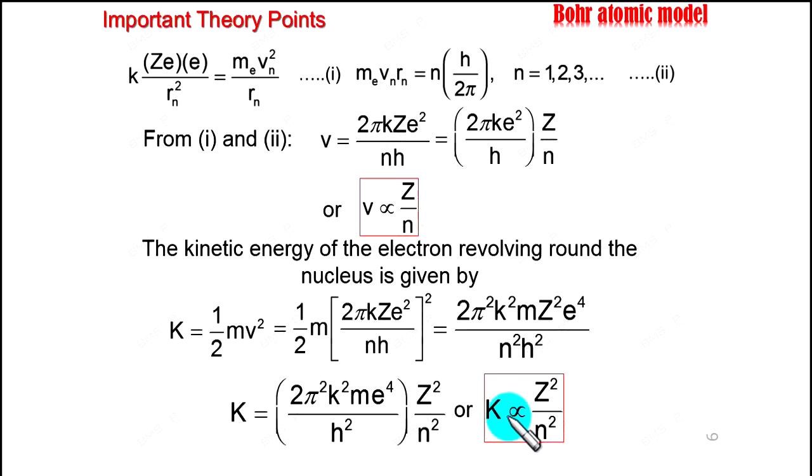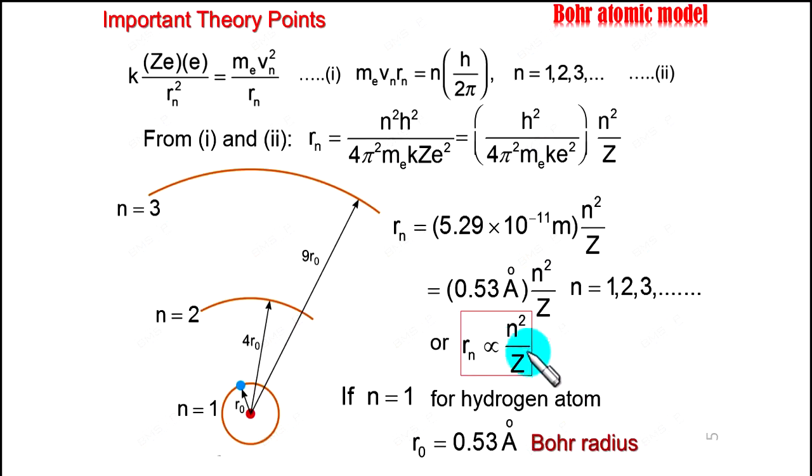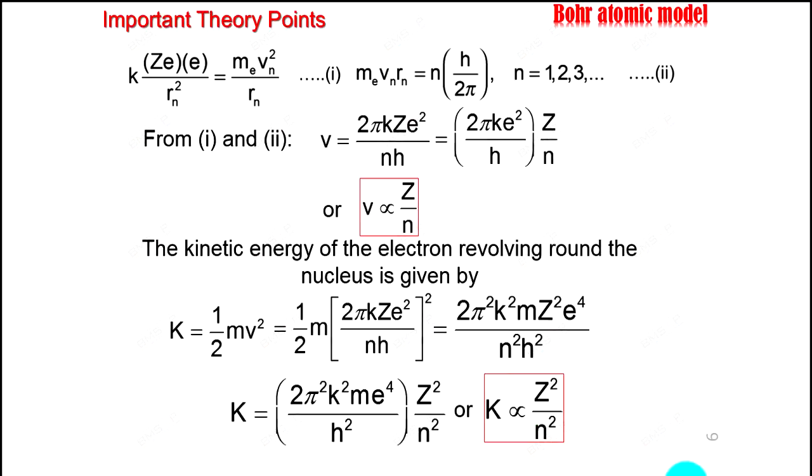This is the kinetic energy. Kinetic energy is inversely proportional to n square for a given value of Z, and here we can say velocity of orbiting electron is inversely proportional to n for given value of Z, and for the radius we can observe radius is directly proportional to n square for given value of Z. Okay. So, these are the important findings about the kinetic energy, velocity and radius.